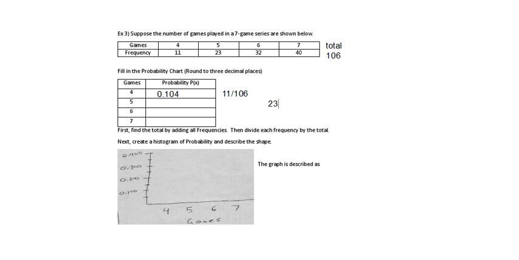Next we can do 23 divided by 106. And that's equal to 0.217. Next we can do 32 divided by 106. And that's equal to 0.302.